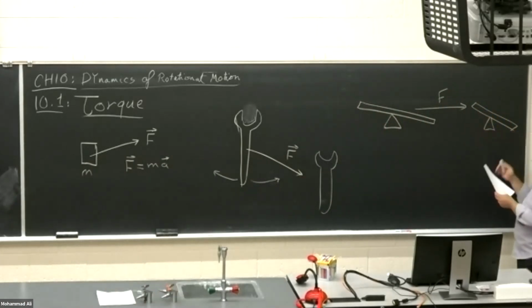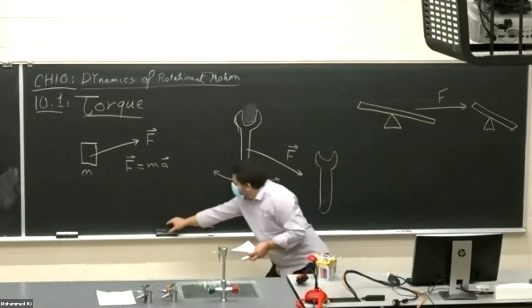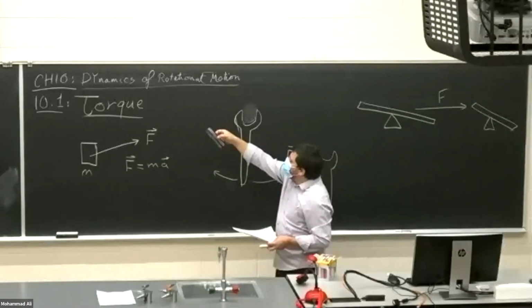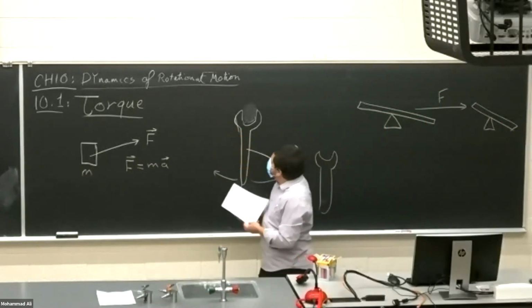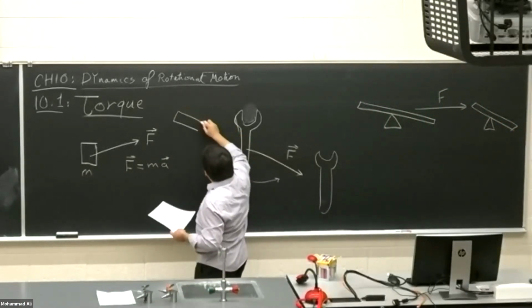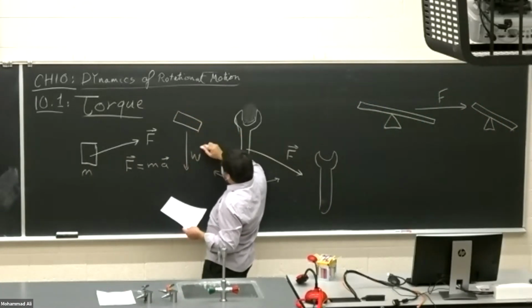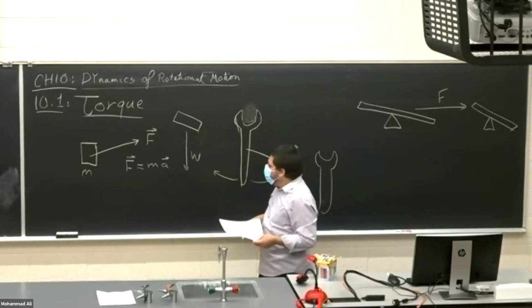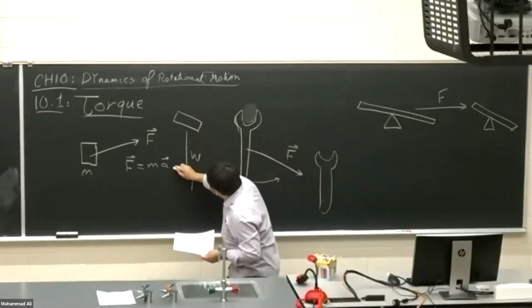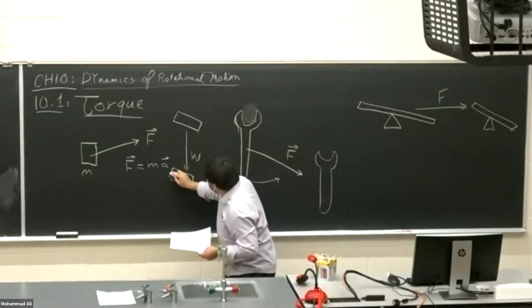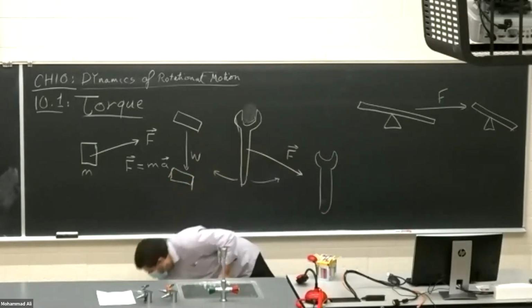It is just a linear force. Or if I let this object fall like this, you see it starts its motion like this. When it moves under its weight, it keeps its orientation, right? Look at it again.